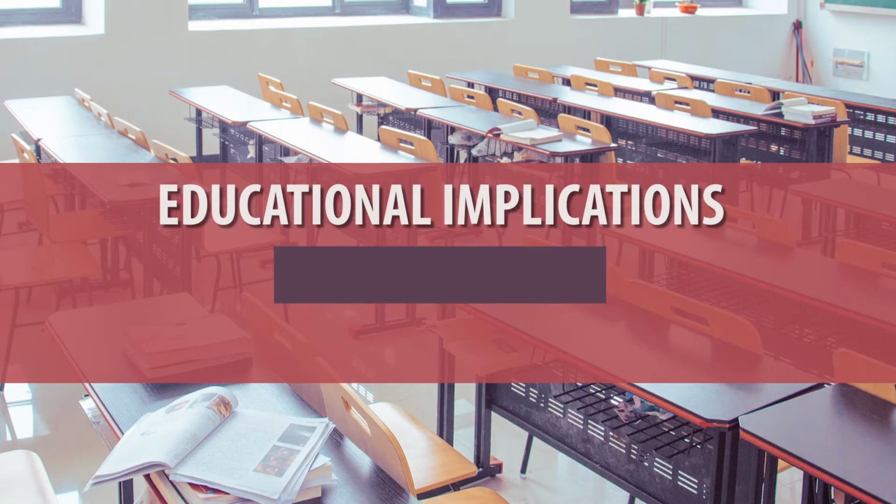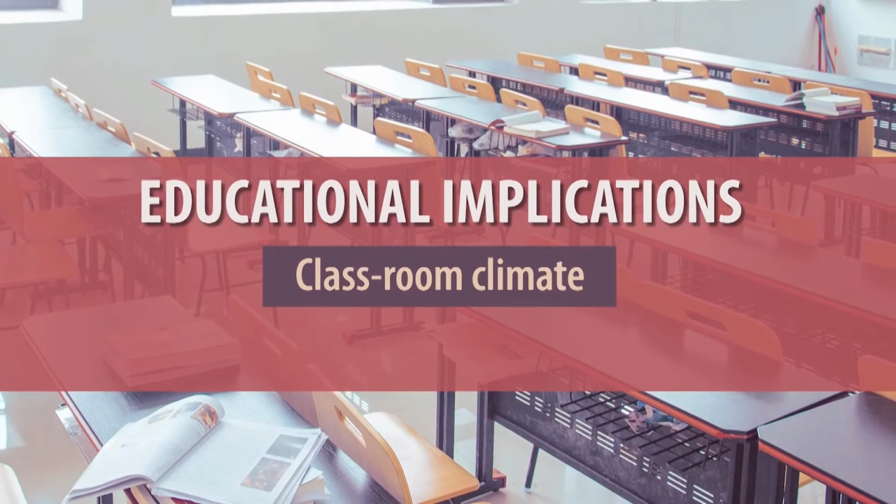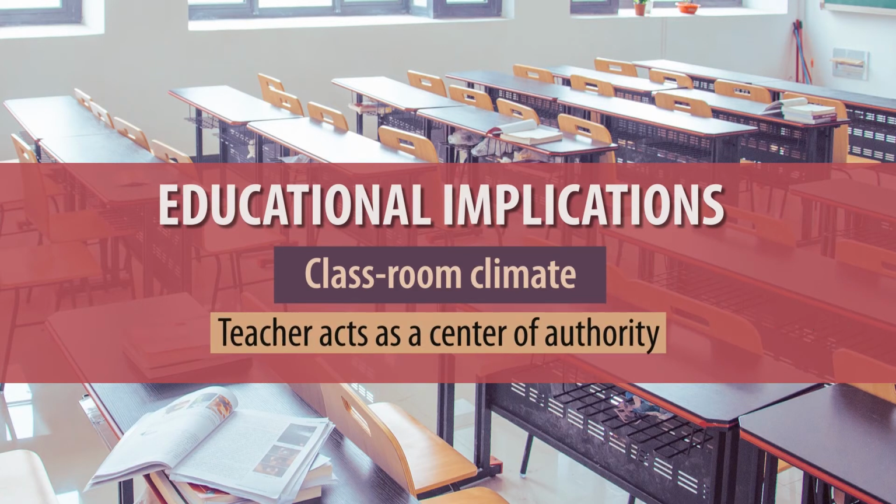Let's first talk about the classroom climate. At the memory level of teaching, the classroom climate is authoritarian. In this climate, the teacher acts as the center of authority, because it is only the teacher who designs teaching and learning. He makes them practice, he makes them exercise, he makes them repeat even. So the whole center of authority is the teacher.